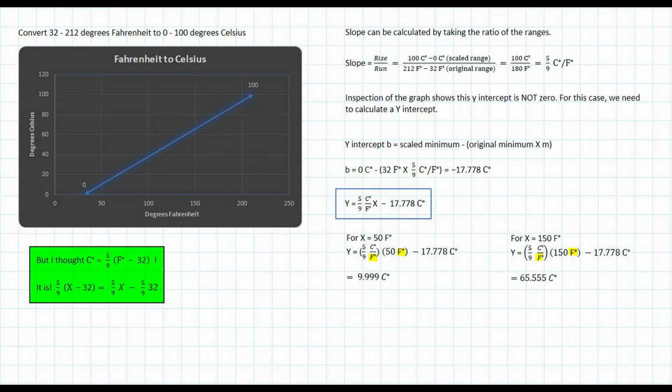Calculating our y-intercept, we must consider both the scaled minimum value, which supplies a direct offset in the y-axis, and the original minimum value, which must be converted using slope. The value for y-intercept b is the scaled minimum minus the product of the original minimum and the slope.